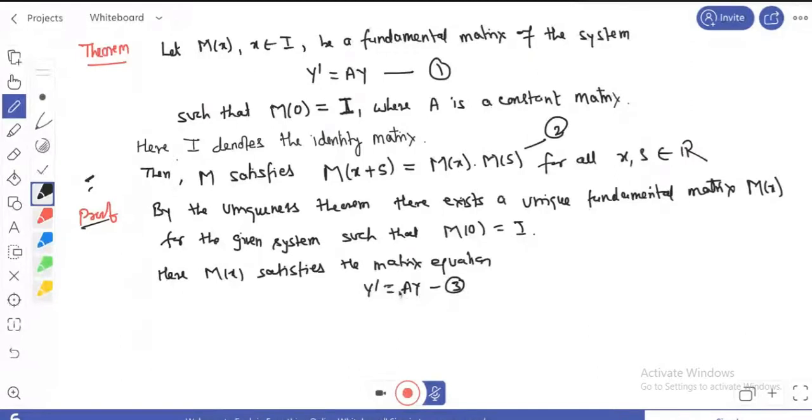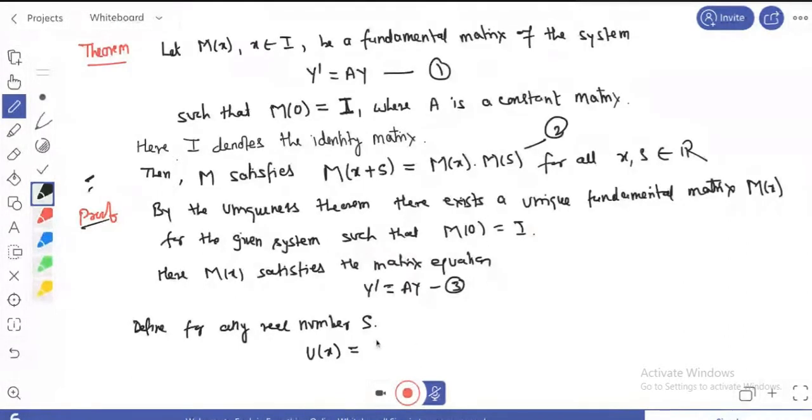Okay, so here we define, for any real number, say s, the function u(x).